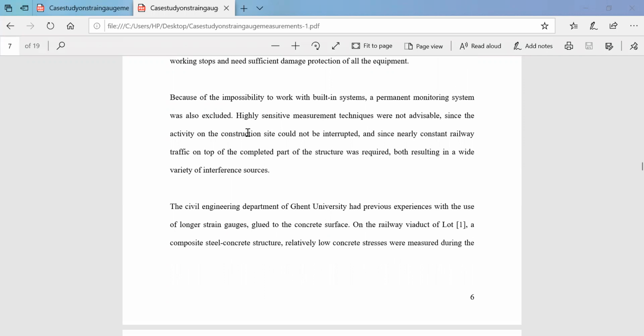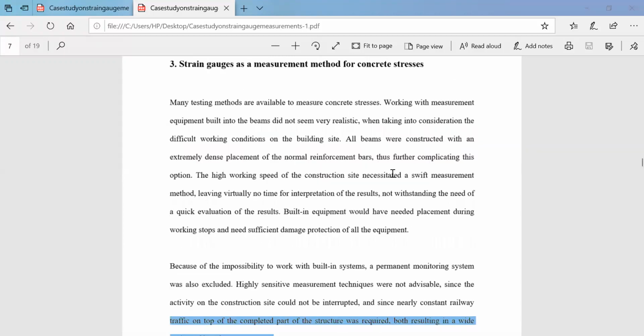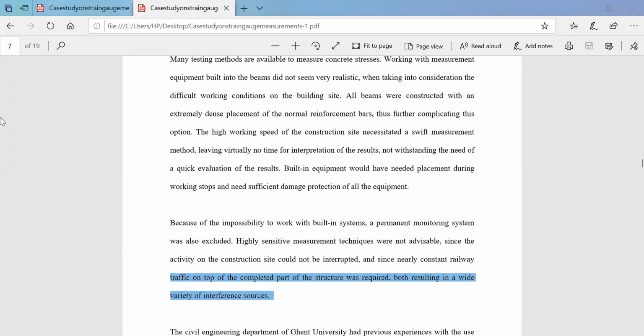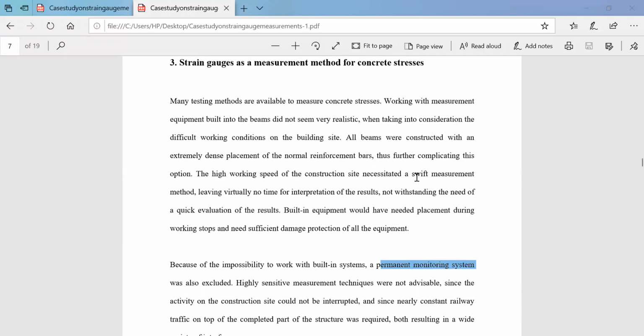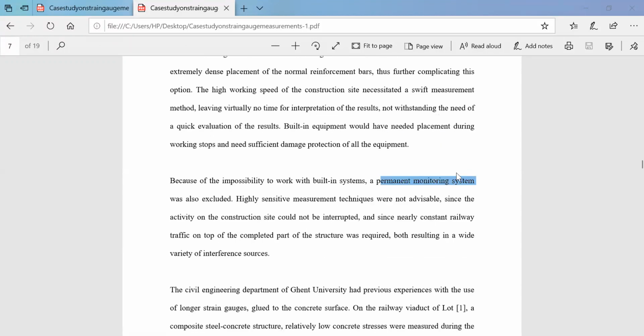the activity of the construction site could not be interrupted, and nearly constant railway traffic on top of the completed part of the structure was required for both, resulting in a wide variety of interference sources. They say that initially they thought about swift measurement, even that was overloaded, and later they thought they would embed a permanent monitoring system based on the swift measurement, which did not work properly.